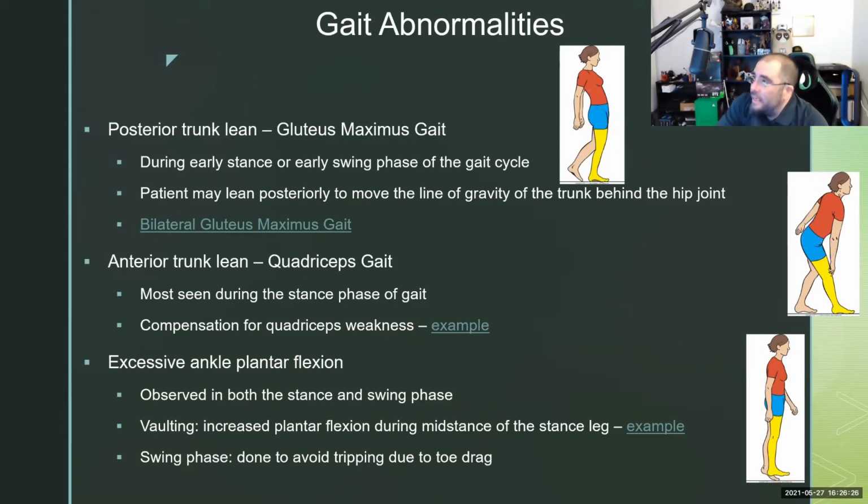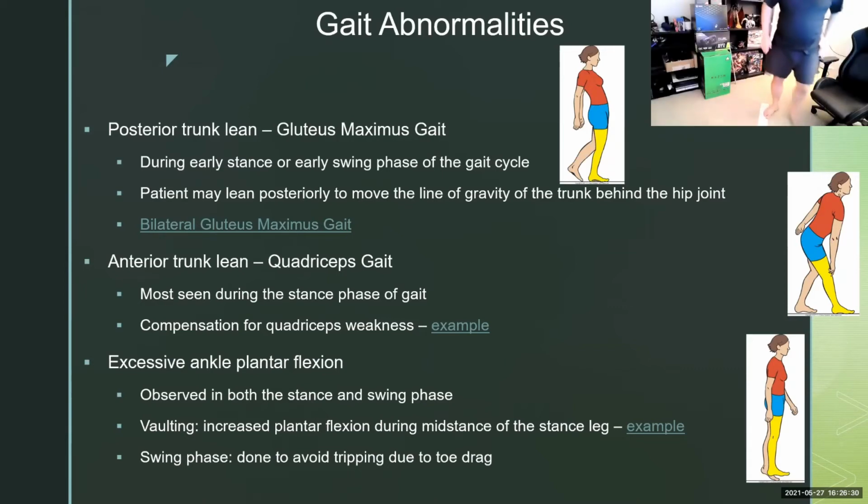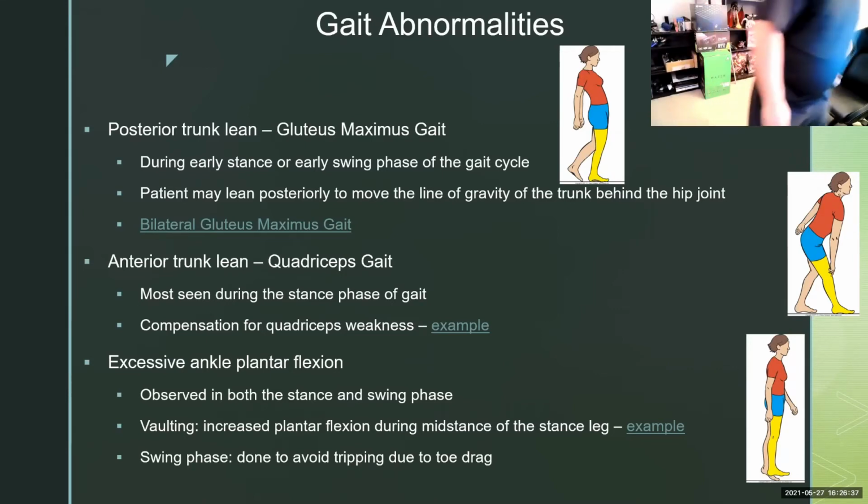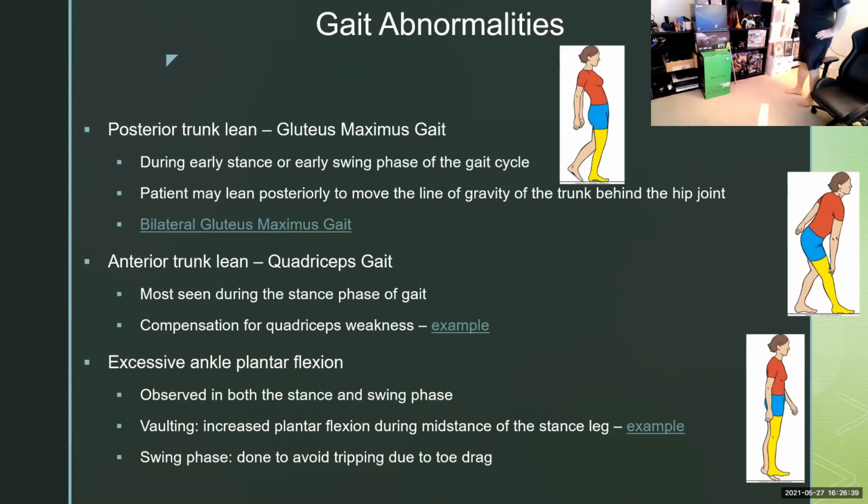So in this case, when I go to stance phase, I like to think of that one almost like a chicken style gait. So when I walk, I go to stance phase and lean forward. Right? Kind of looks like a chicken walking, doesn't it? So anterior lean gait.